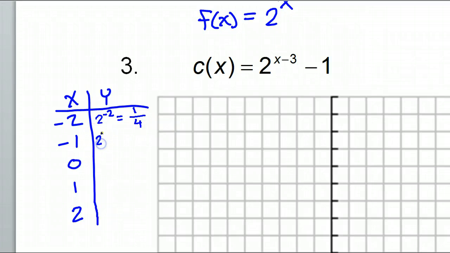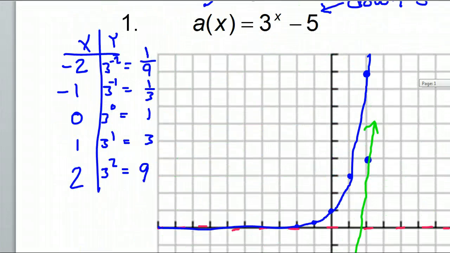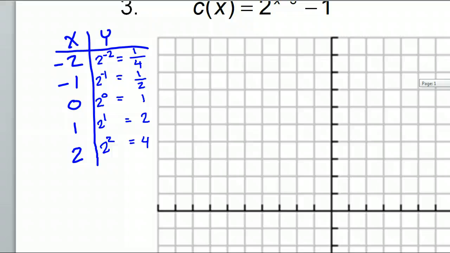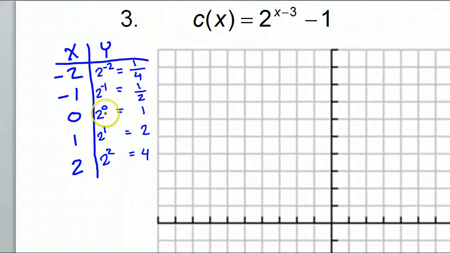If I do 2 to the -1 power, that's going to be 1/2. 2 to the 0 power is 1. 2 to the 1 power is 2. And 2 to the 2nd power is 4. Did I already do that? No. Okay. So this is the parent function y equals 2 to the x power.